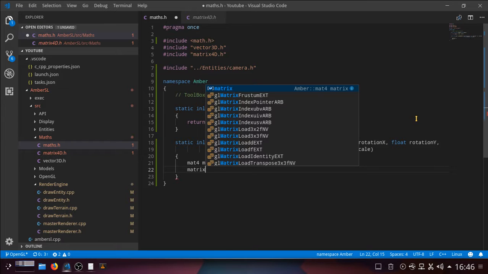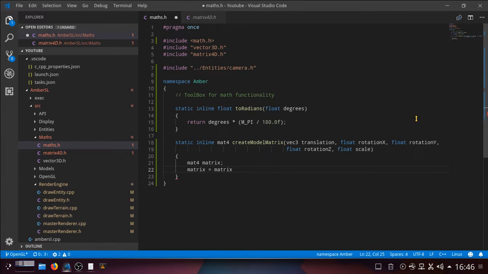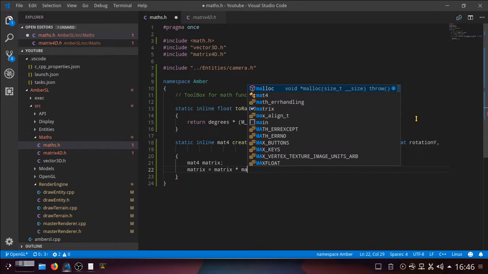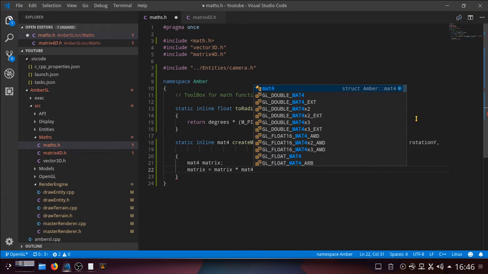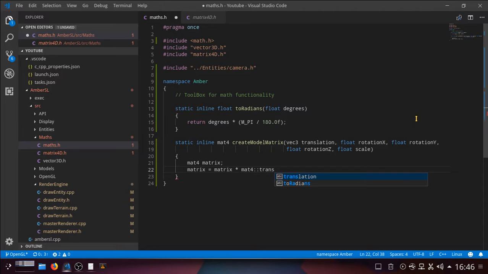Right, okay, so matrix equals, I'm going to do it in longhand, matrix times, and it's going to be mat4, and it's going to be translate, which we don't have. And for that we will use the translation that we've been given, that vec3. So we can use that vec3 there.